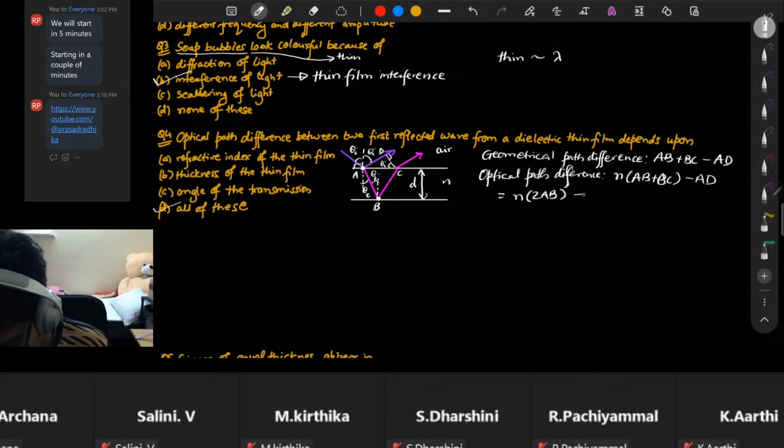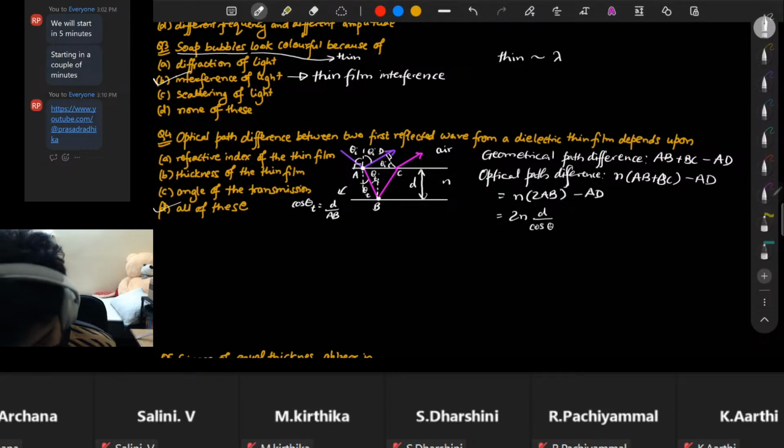Now AB is basically D by cos theta T. Why? Because cos theta T is D over AB. So AB is D over cos theta T, minus AD.